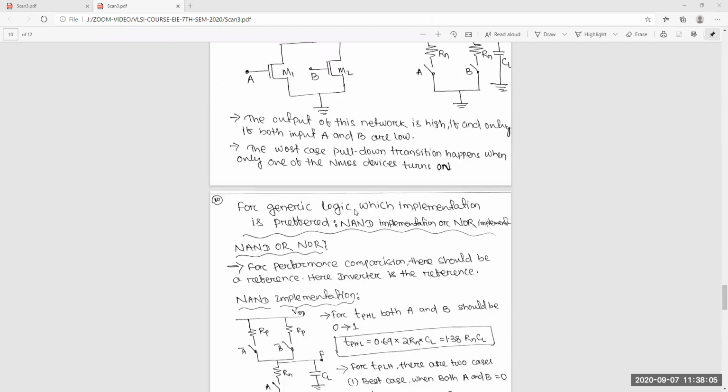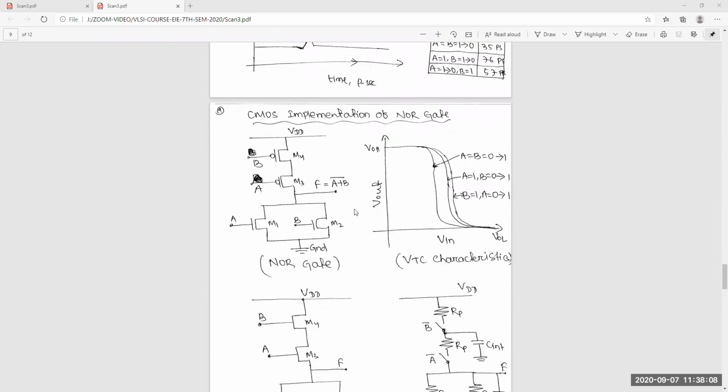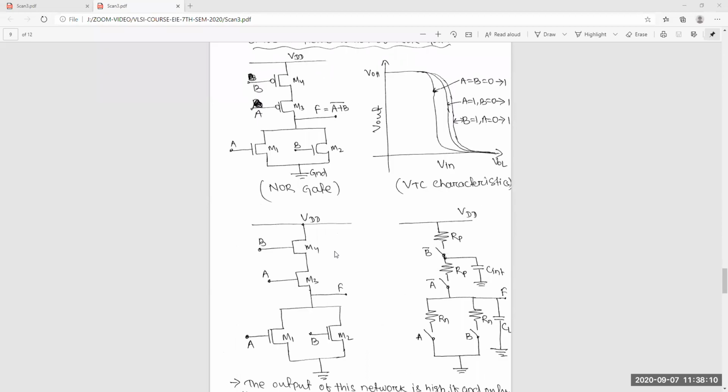Here we can analyze these two, but we have to conclude whether the NAND implementation or the NOR implementation is good. That you have to think.